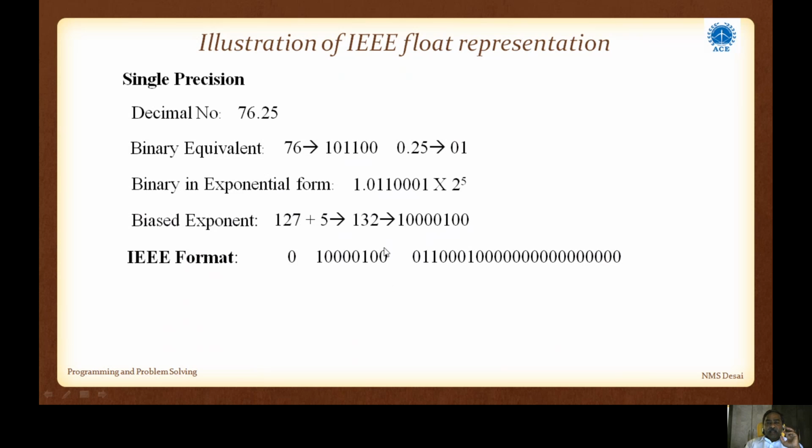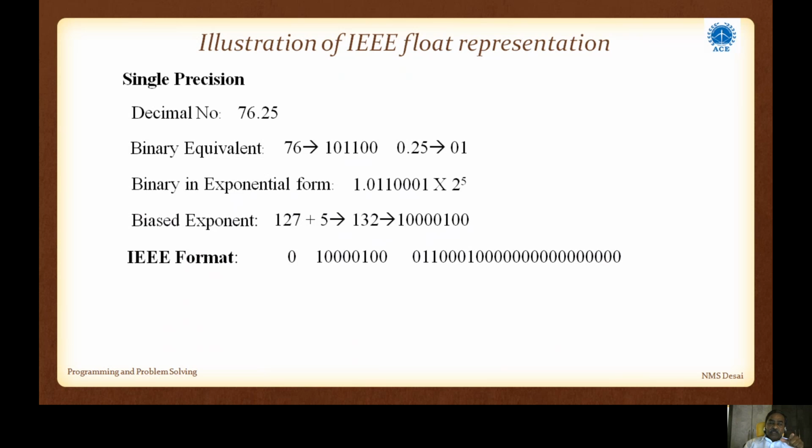Now, is it clear? Let's have a quick review. Convert the decimal number into binary separately for the integer and fractional part. For the integer part, divide by 2 successively, take the remainder, form the binary number. For the fractional part, multiply by 2, take the carry that comes, the integer part that comes, form the number. Then bias the exponent by adding 127 if it is single precision.